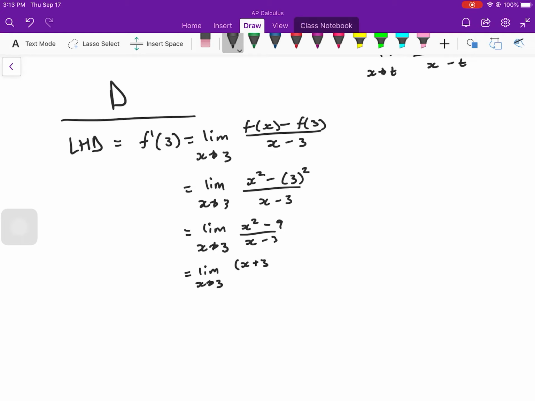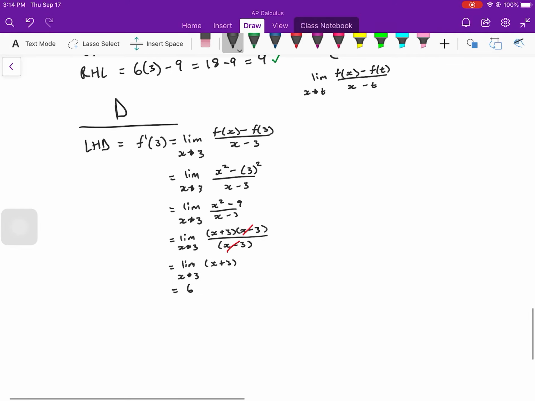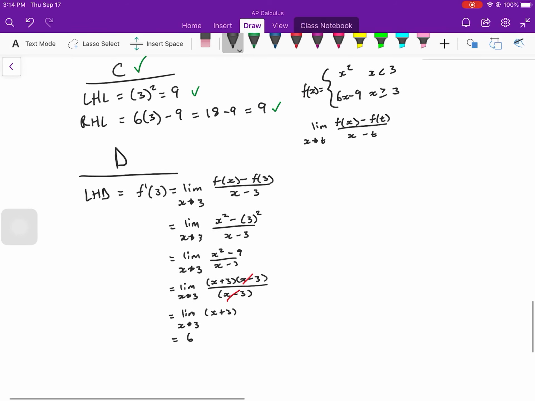So then we factor the top as x plus 3 times x minus 3. Then we can cancel out the x minus 3's to be left with the limit as x approaches 3 of x plus 3, which is 3 plus 3, which is 6. All right, that's just the left-hand derivative.